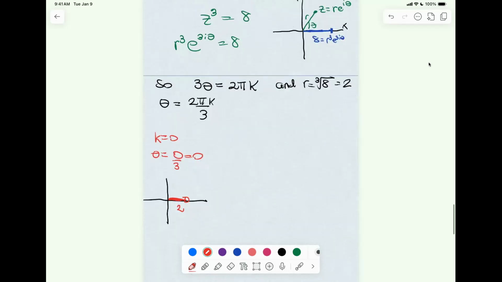When k equals 0, theta would have been 0, so the number is literally just here. When k equals 1, theta would have been 2 pi over 3, which you can think of as 120 degrees. So that's a little bit in the second quadrant.